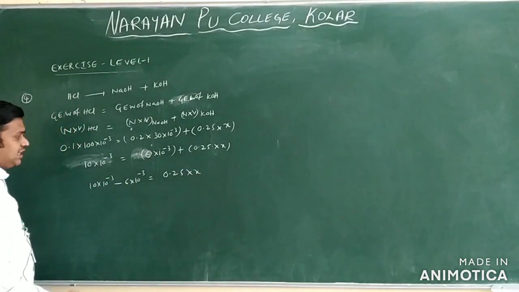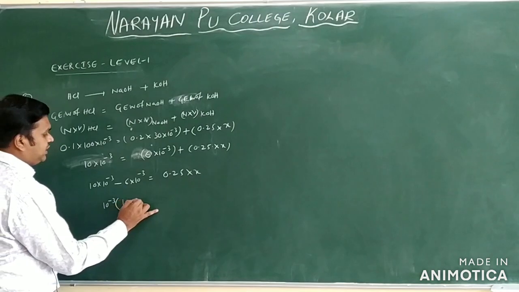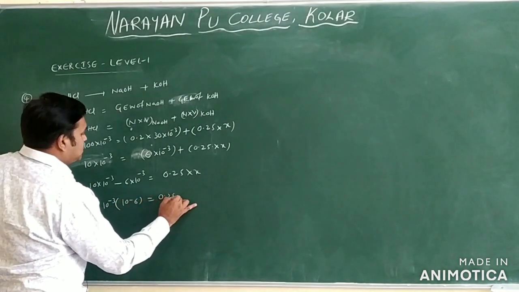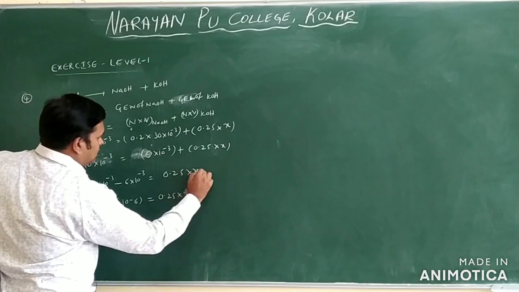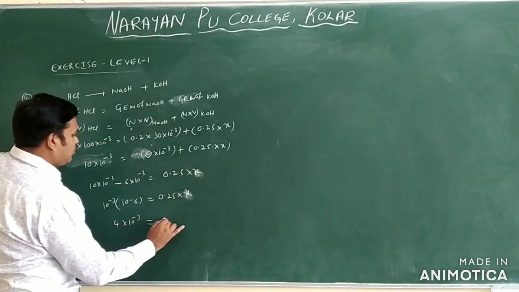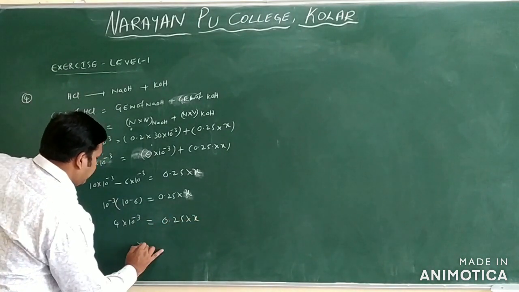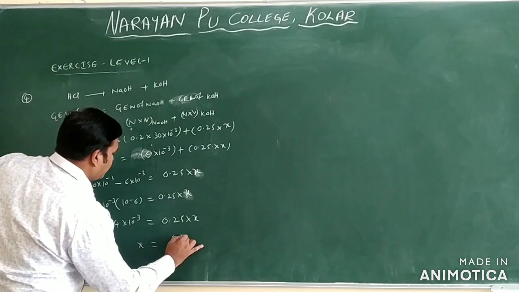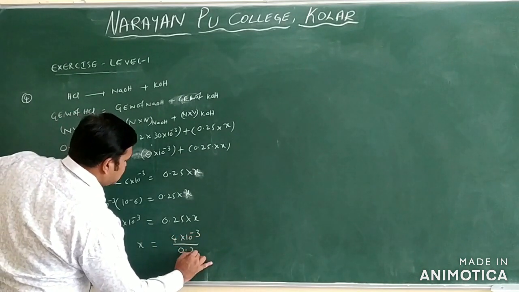You can take 10 power minus 3 common. What you will get? 10 minus 6, that is equal to 0.25 into x only. So here 4 into 10 power minus 3 is equal to 0.25 into x only. So x is equal to 4 into 10 power minus 3 by 0.25.